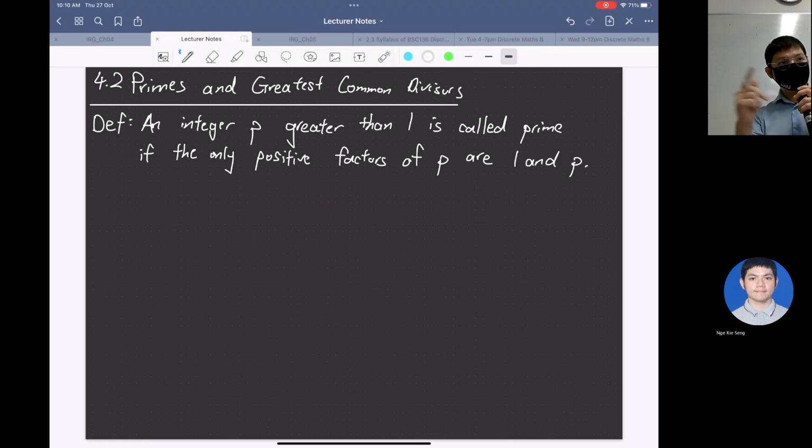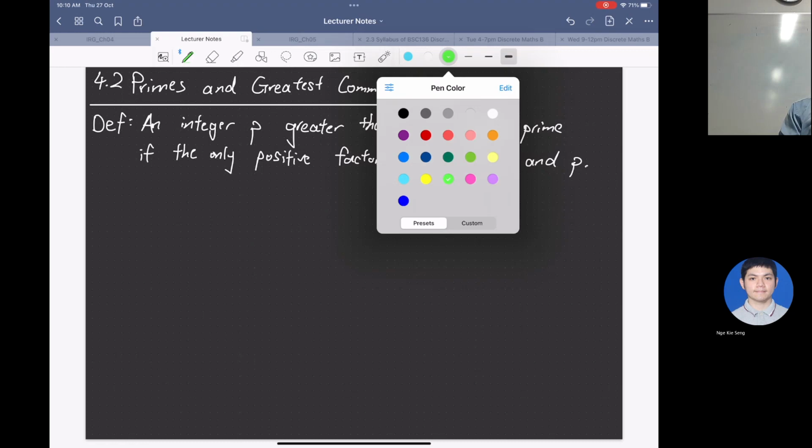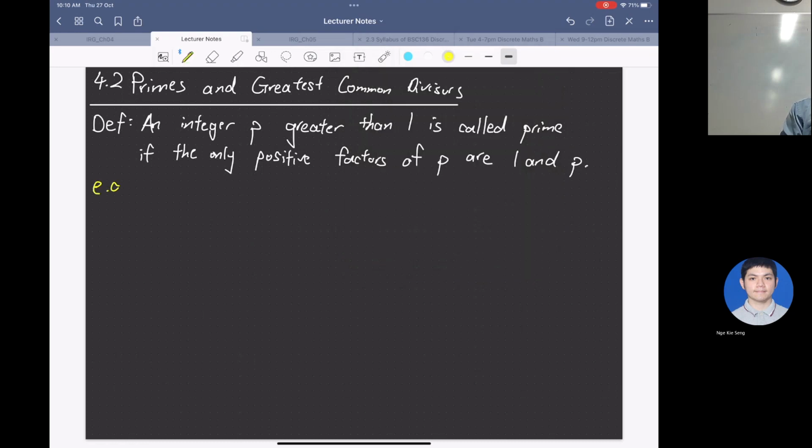Okay, only 1 divides it, and only itself divides it. So for example, what is prime? 2 is prime, because 1 divides 2 and 2 divides 2 only.